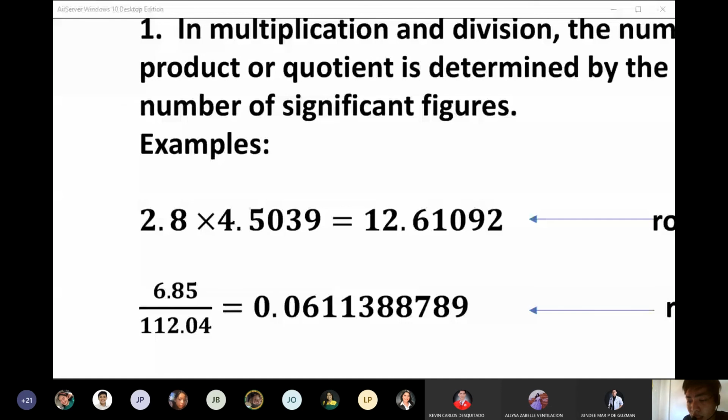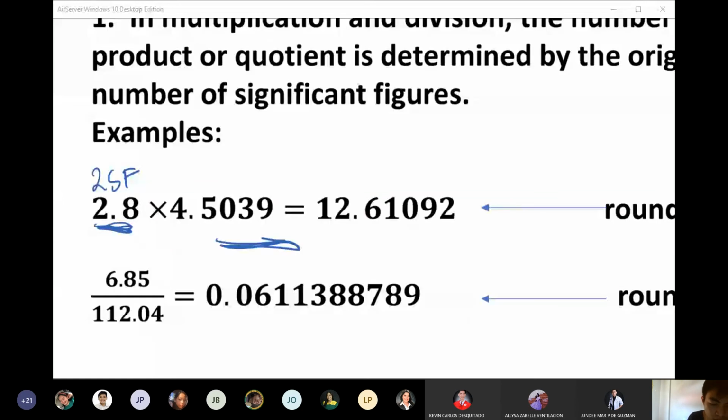Let's see how many significant figures are there for each number. For this one, we have 2 significant figures. For this one, we have 5 significant figures.